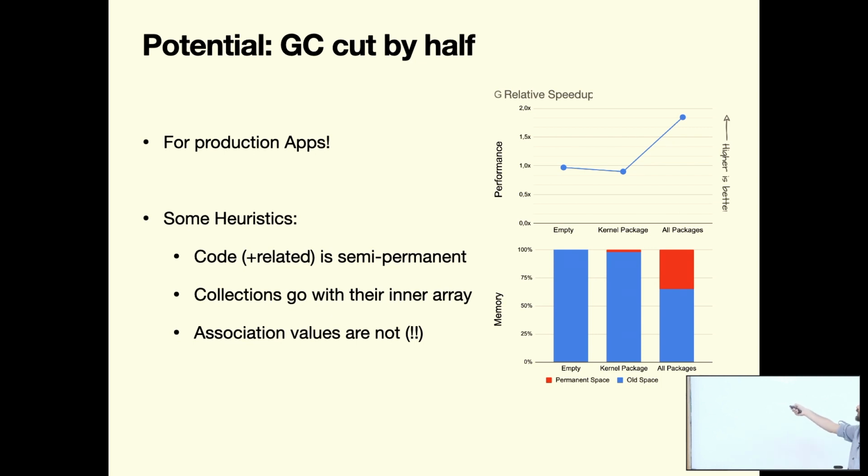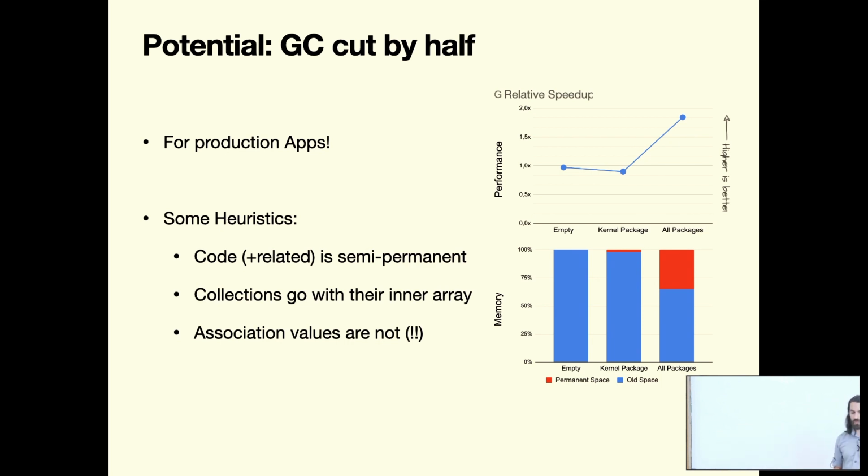But as soon as we add all packages, or almost all packages, we see that the memory occupation now gets much higher for permanent objects. It's still not 100%. But we can get GC speedups of 2 times, which was probably 2 afternoons of work selecting what is there.